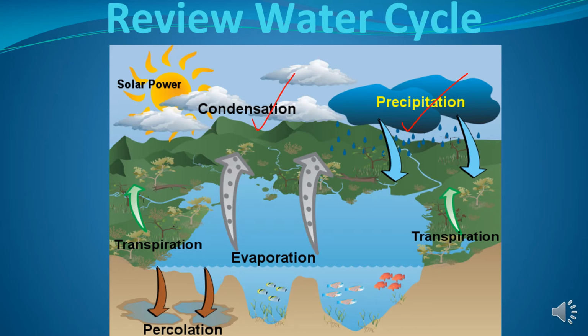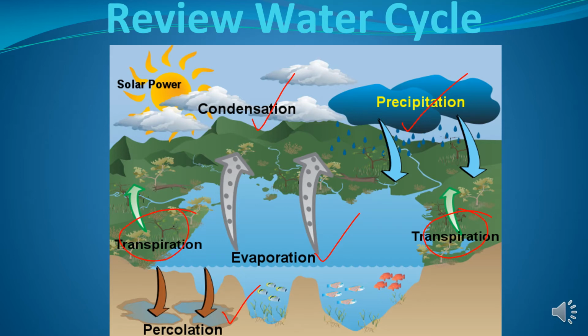Okay, so it goes inside of the rocks and soils, inside the cracks. What is it when it goes from a liquid to a gas? All right, and then when those plants let the water out.